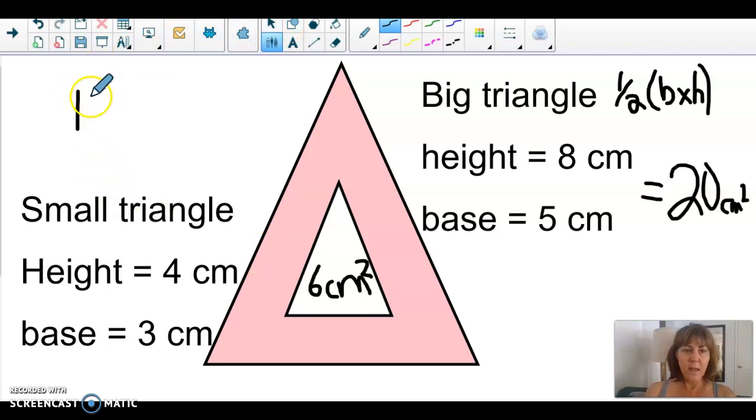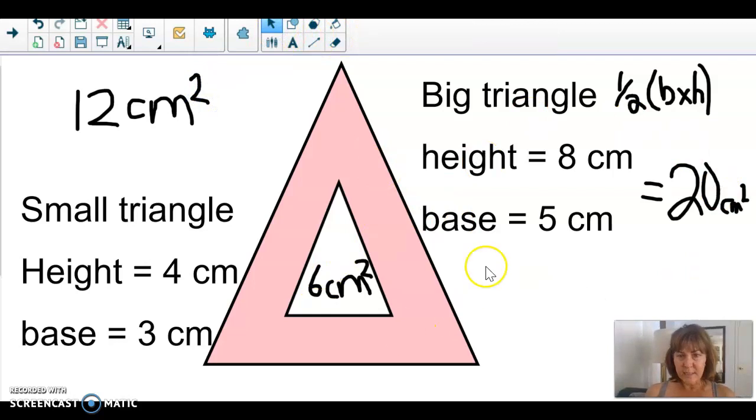So the area of the shaded part of the triangle is 12 centimeters squared. I can see that this section is 12 centimeters squared. Yay! Okay, so that's what you're going to practice today.